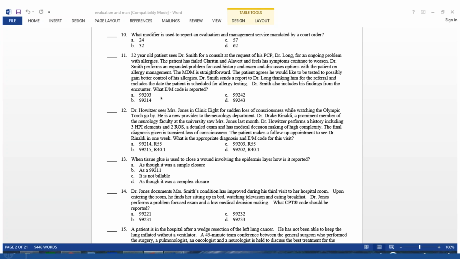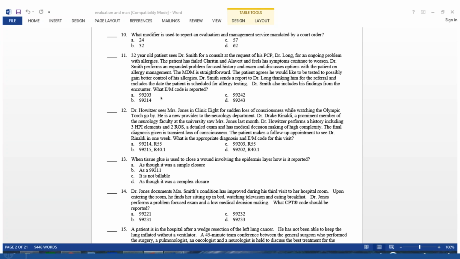So that's for the, it said expanded problem focus for history and exam. Do you see that? It said expanded problem focus, history, and exam. So guess what? Two of those are already in 99242. Do you see what I'm saying?